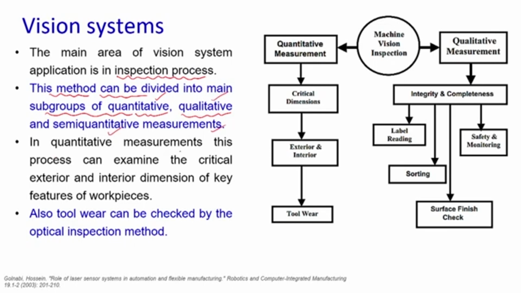In quantitative measurements, the process can examine the critical exterior and internal dimensions of the key features of the workpiece. Consider a product having some critical dimensions as far as its overall geometry is concerned, and some dimensions that are very critical as far as its features are concerned. For example, a cylinder bore.